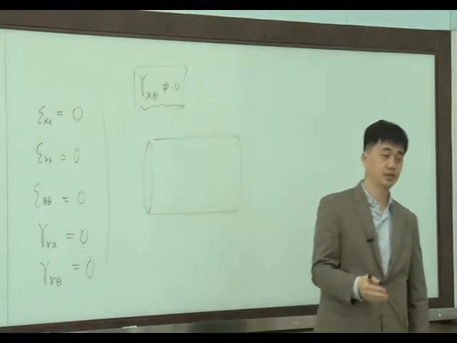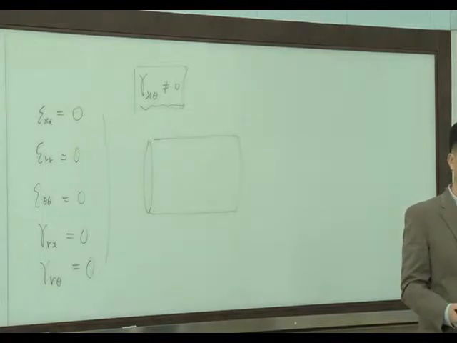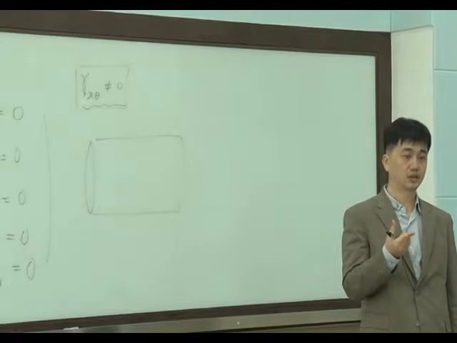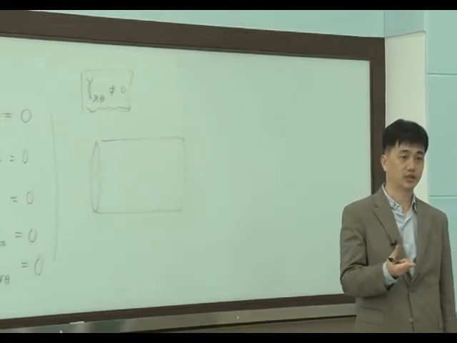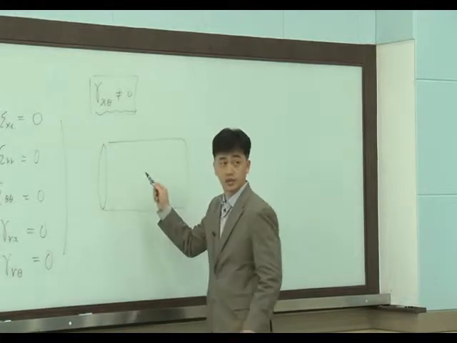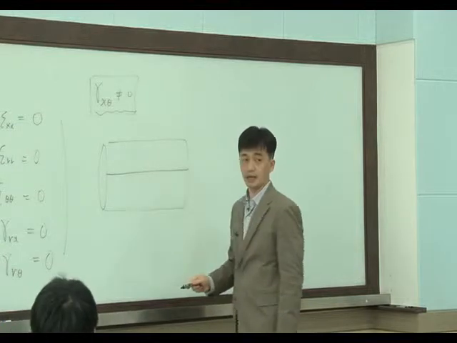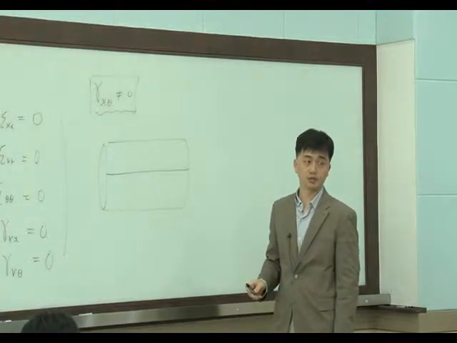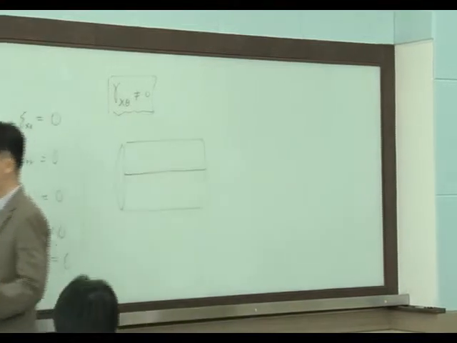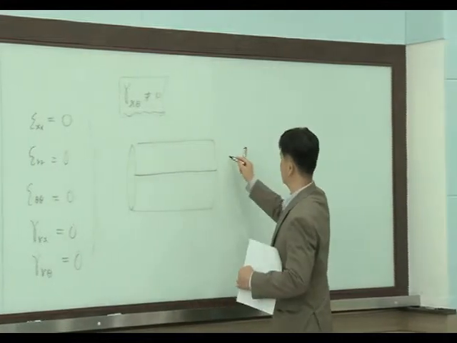Shear strain gives us geometrically the angular change between the two original vectors. So let's say this is undeformed, and let's draw a line in the undeformed situation, and then let's give a torsion here.